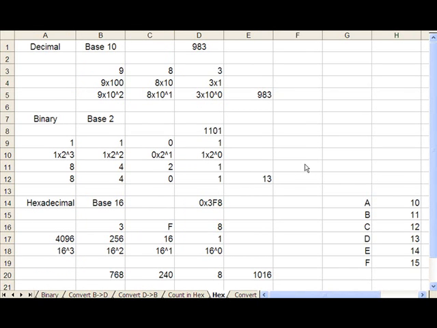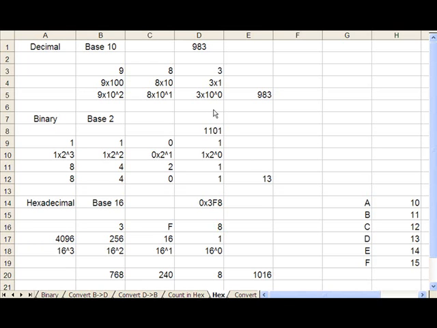Okay, as we continue to look at the hexadecimal number system, or base 16, let's go back and review base 10 and base 2. In base 10, we started out by looking at a regular decimal number, 983, and we explored that that's the same as 9 times 10 to the power of 2, or 9 hundreds, 8 times 10 to the 1, or 8 tens, 80, and 3 times 10 to the 0, or 3 ones.